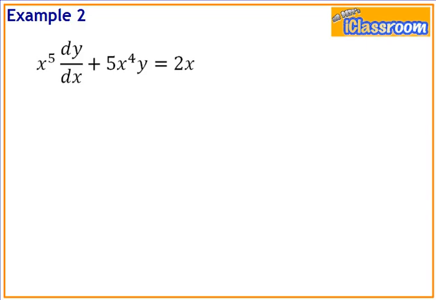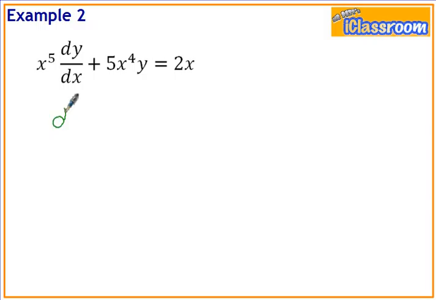Second example. Maybe you'd like to pause this video and have a go. So I can see that again I've got a linear differential equation, dy by dx followed by y, and I can see that the function in front of the dy by dx is x to the power of 5. If I differentiate that, I end up with 5x to the power of 4.